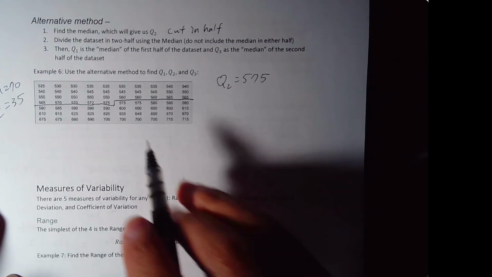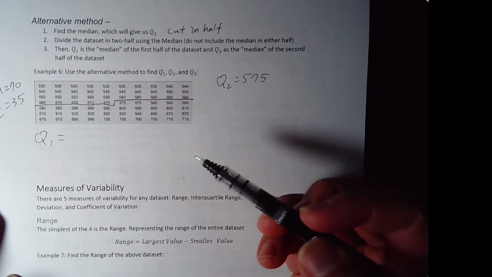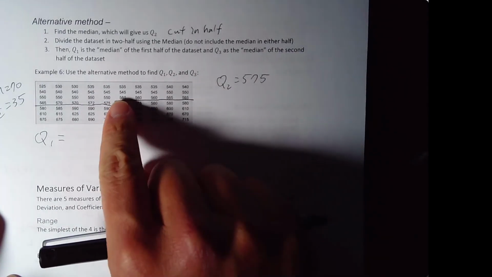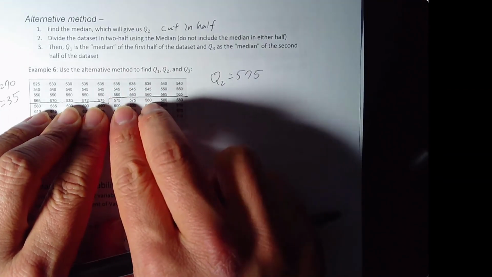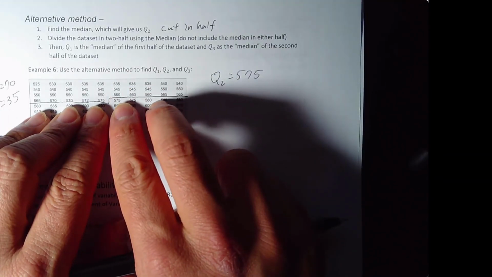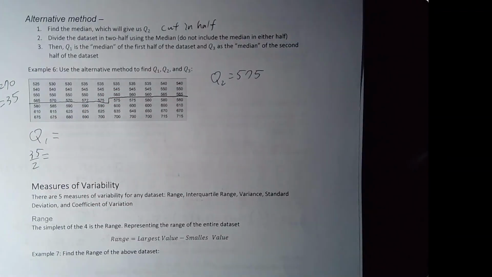Next, to find Q1, I'm simply going to find the median of the first half. So I'm going to ignore the bottom half and look at the first half. My sample size is 35, so I take 35 divided by 2, which gives me 17.5.